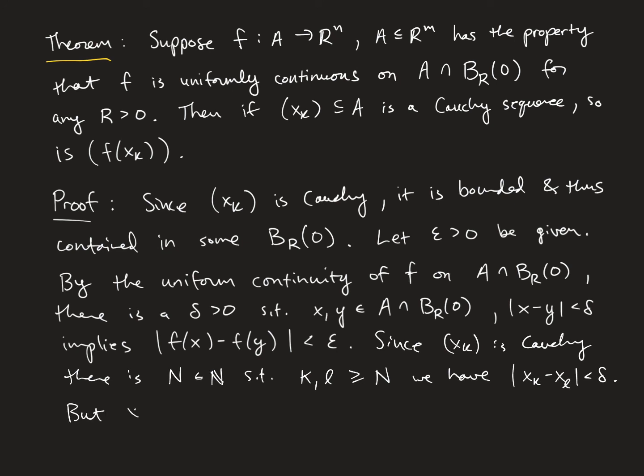But xk and xl are also in A intersect this ball. And thus it follows, right, so there are two things that are in this ball intersect A, and they're within delta of each other, so therefore their f values are within epsilon.